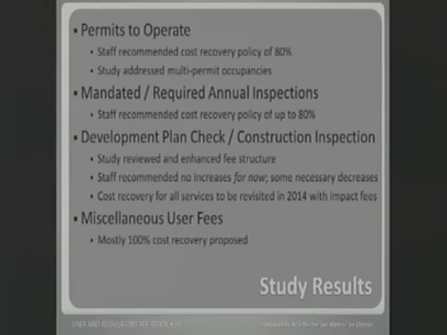That was probably the main focus of our efforts, bringing things up to industry standard and best practices in the way fees are charged. And there's not any recommended increases there for now. Probably we'll be revisiting those more in 2014. Miscellaneous user fees was mostly 100%. A lot of those are based on actual cost for specific types of incidents and scenarios that happen out there.